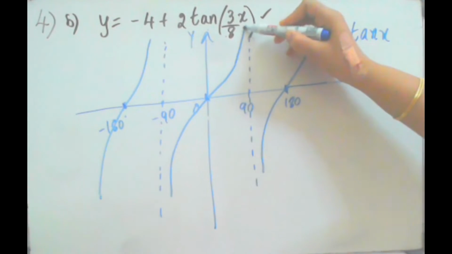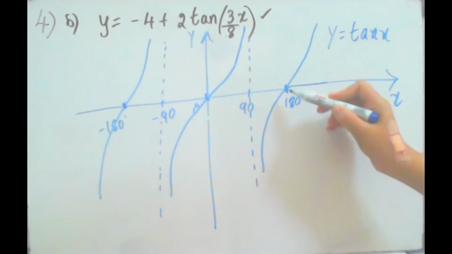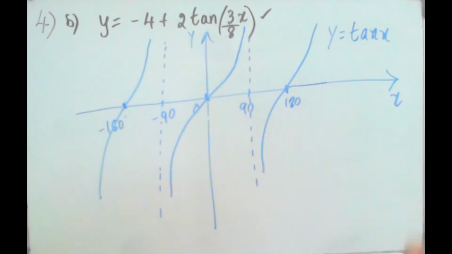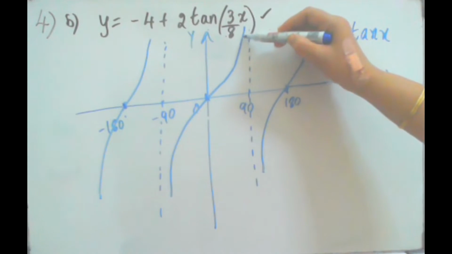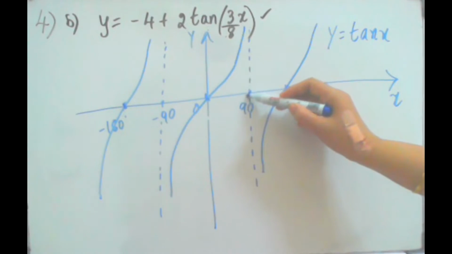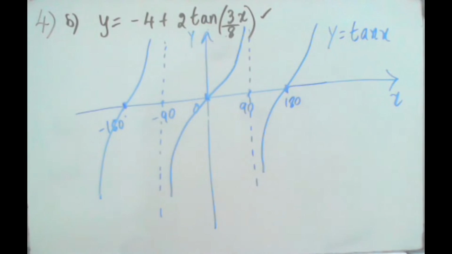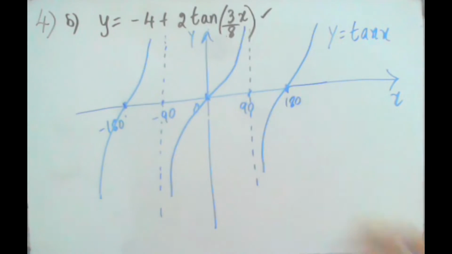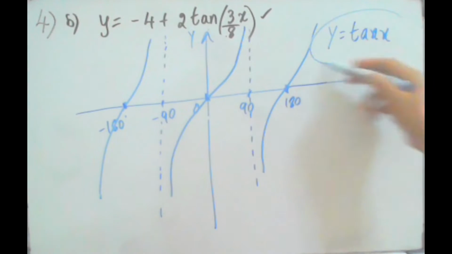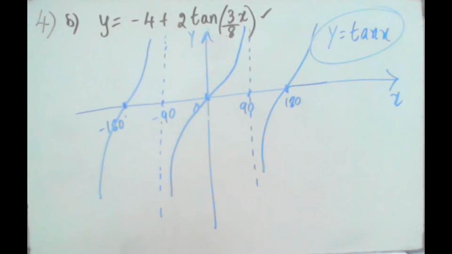The shape repeats itself for every 180 degree interval. That is why it is called the period of the tan function. The shape becomes asymptotic with x equal to 90 degrees and also with x equal to -90. So this is how a simple y equal to tan x function would look.